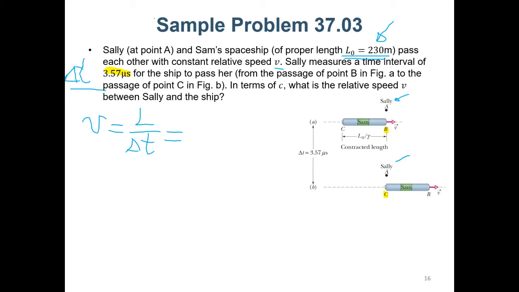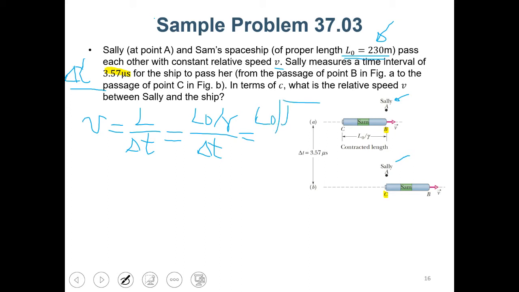We can do it like this: L0 over gamma over delta t. Because we have L0, we have L0 times the square root of 1 minus v over c squared, over delta t.